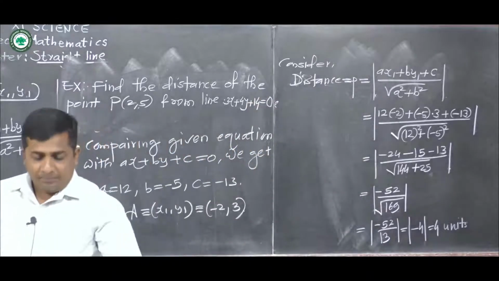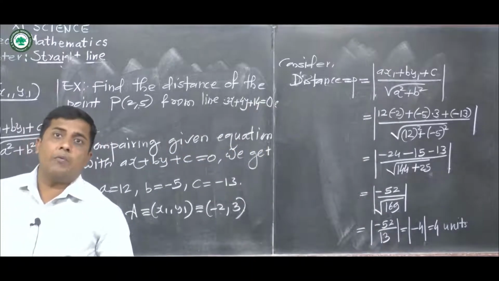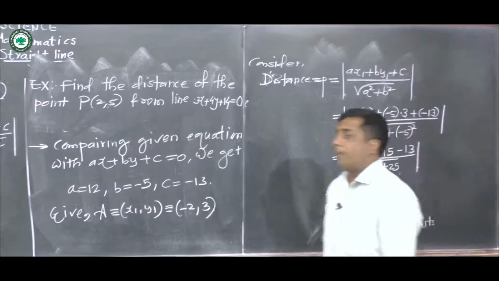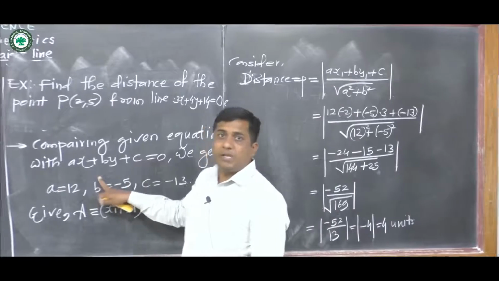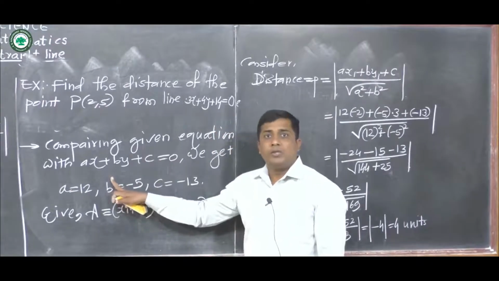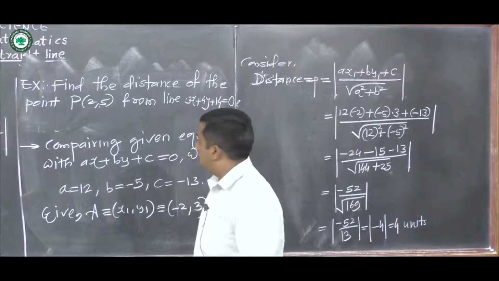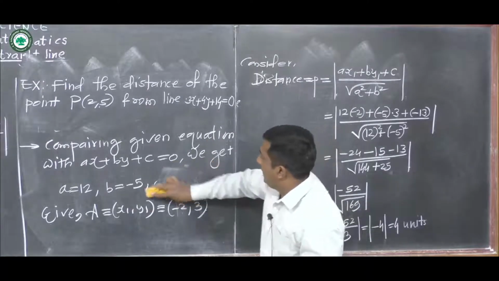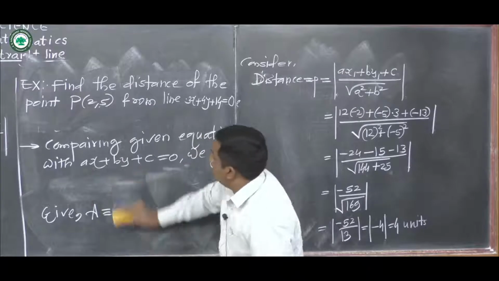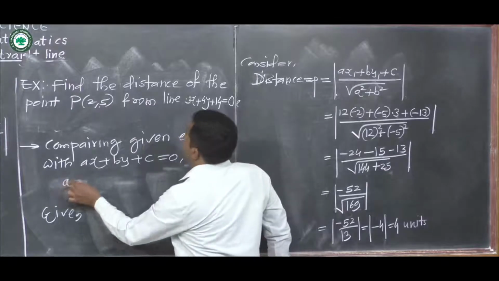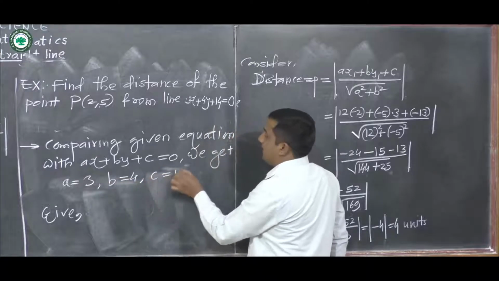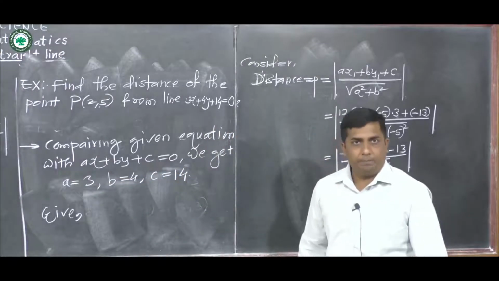Again, directly by using our formula we find the distance. Here we compare our given equation with ax plus by plus c equal to 0, then we get values of a, b and c. So comparing the given equation with ax plus by plus c equal to 0, we get a is equal to 3, b is equal to 4 and c is equal to 14.